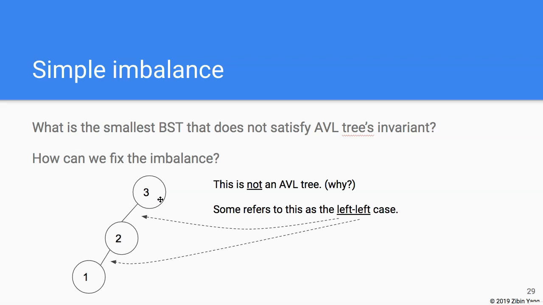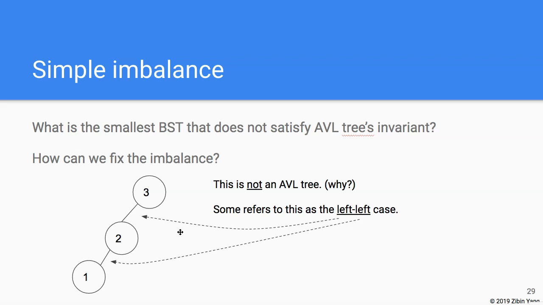You can see that, and there's no right subtree, so the left subtree is more than two levels higher than the right subtree. And so we want to fix the imbalance. How do we fix the imbalance?